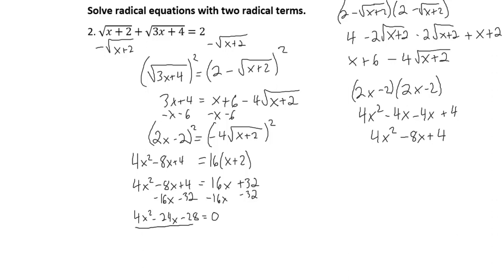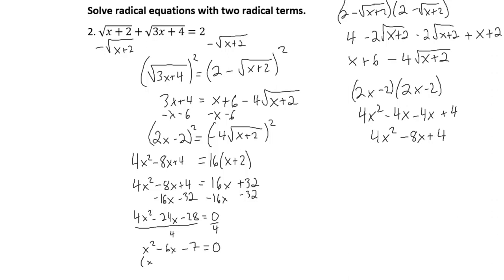And you can see all those are multiples of 4, so we're going to divide both sides by 4. Now, when we were factoring, we would have to factor out the 4 as a GCF, but since we're solving, we can divide by 4. And that gives us x squared minus 6x minus 7 equals 0.